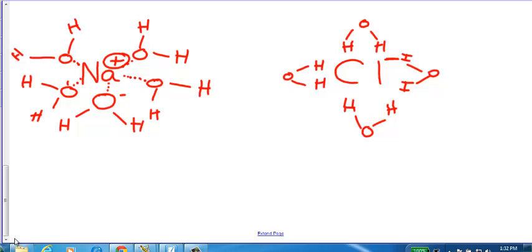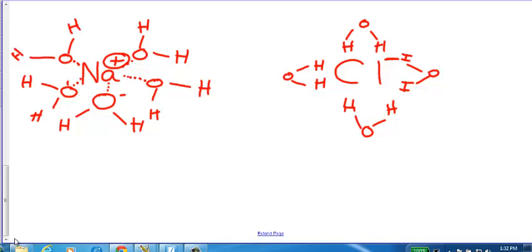So the water molecules will surround those ions differently depending on what the charge is on the ion. If the charge is negative, H surrounds them. If the charge is positive on the ion, oxygen surrounds it. Do you see the difference? The water molecule flips depending on what the charge is on the ion.